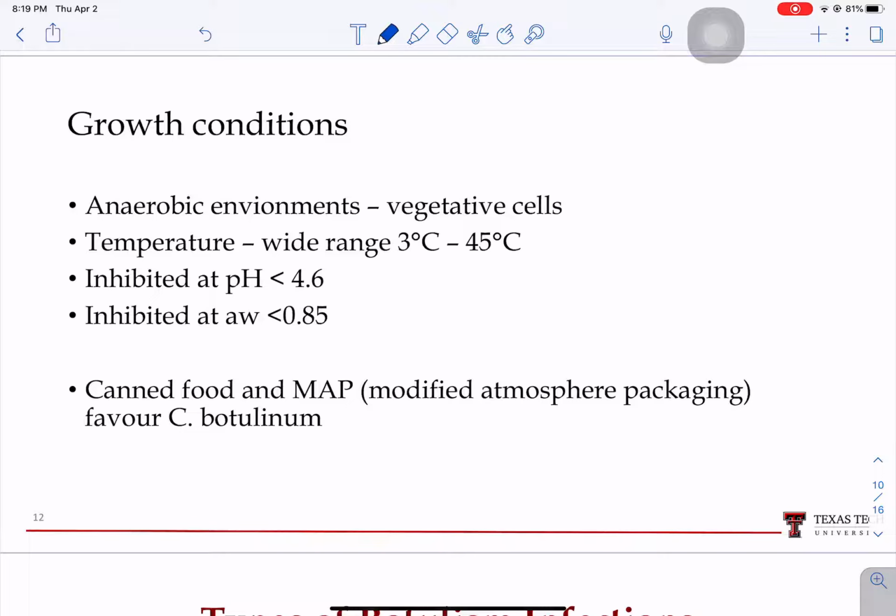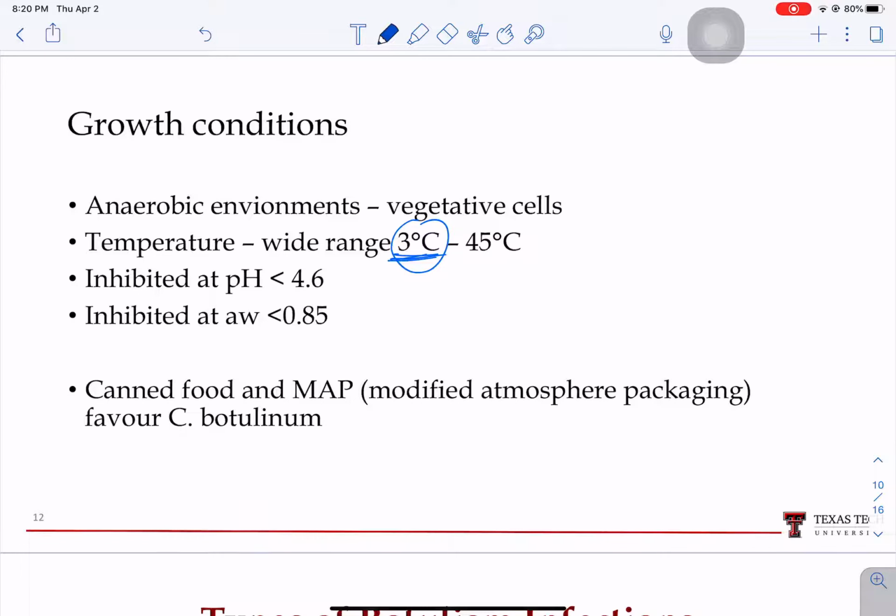The lower temperatures that I have here, 3 degrees Celsius, are not super common. The most common temperatures are usually mesophilic, but they have found this microorganism under anaerobiosis growing, maybe slowly, at this lower temperature.